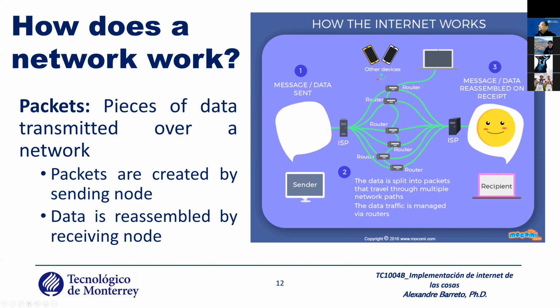And you can use, for example, different routers to send from the sender to the receiver. At the receiver, you reassemble the data that you disassembled at the origin, to provide the recipient with the original message that you sent. The name of this small piece of information is a packet. Okay. Any questions until here?